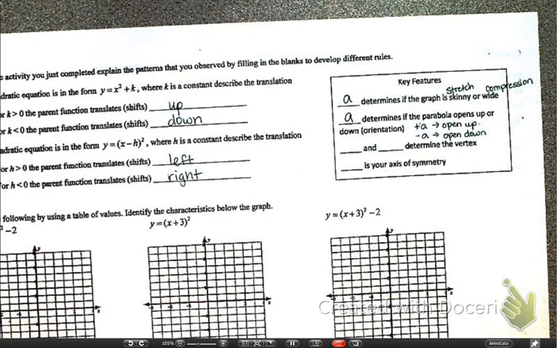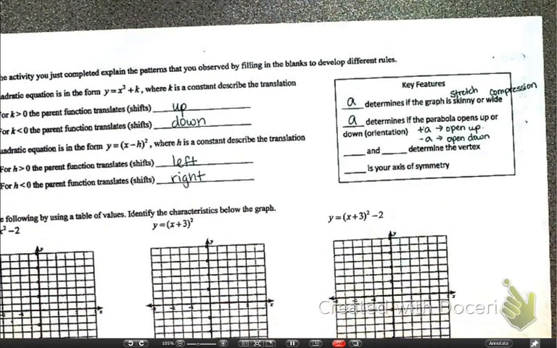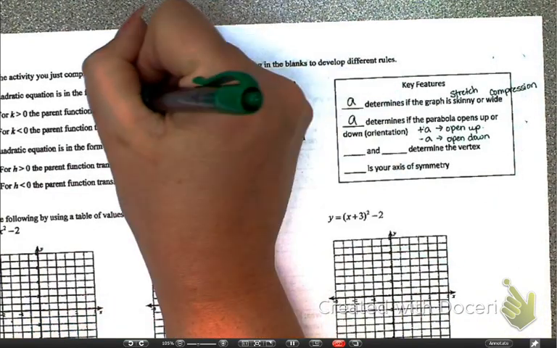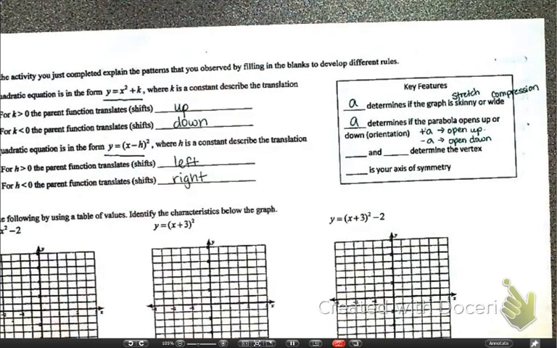This next one is new information, but let's see if we can come up with it. Blank and blank determine the vertex. I want you to look at this equation and think about the front side. What determines the vertex? When you whisper, I can't hear you necessarily.